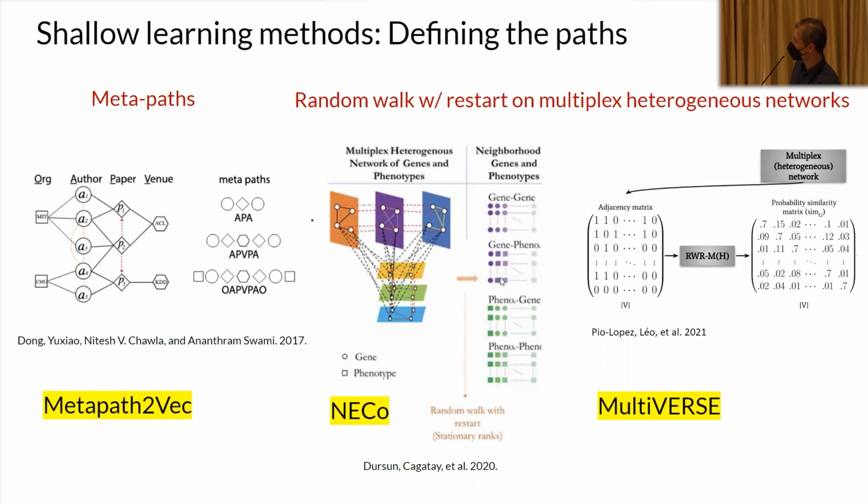So we can visit paths starting from author, go to the paper node, and then author node again. Or we can look at the author similarity in the context of presenting at the same venue. Then our meta-path would be starting from an author, going to a paper, going to the conference or journal where that paper was published, going back to another paper, and then another author. So this kind of path can be defined.